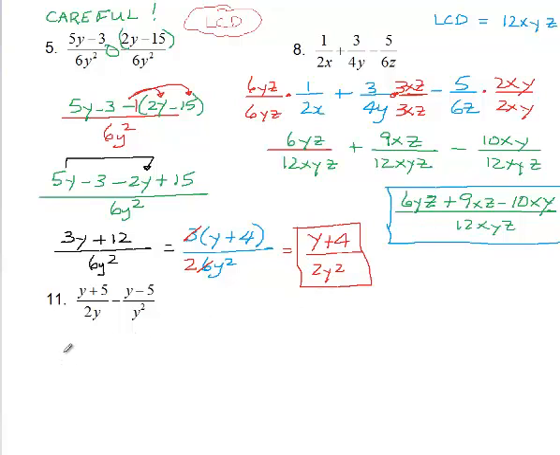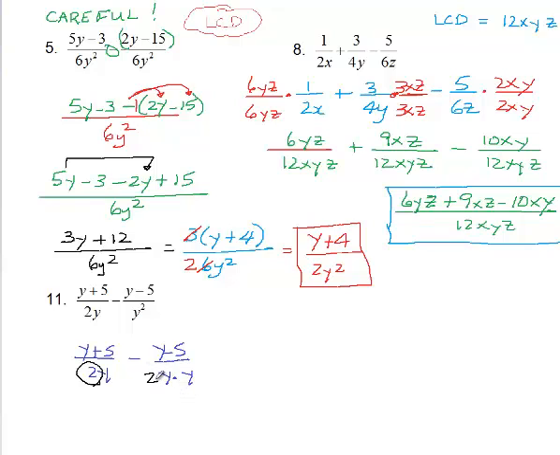In number 9, you can see I have 2 denominators, just 2 fractions here. On the bottom here I have y times y. We want to make the denominators the same, called our lowest common denominator. So if there's a 2 in this one, then I need a 2 in this one.